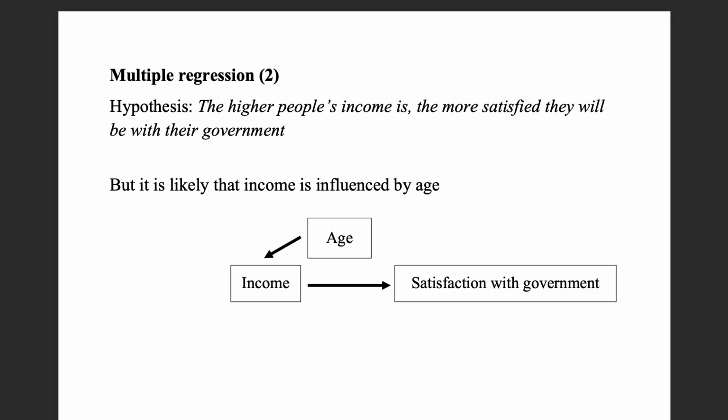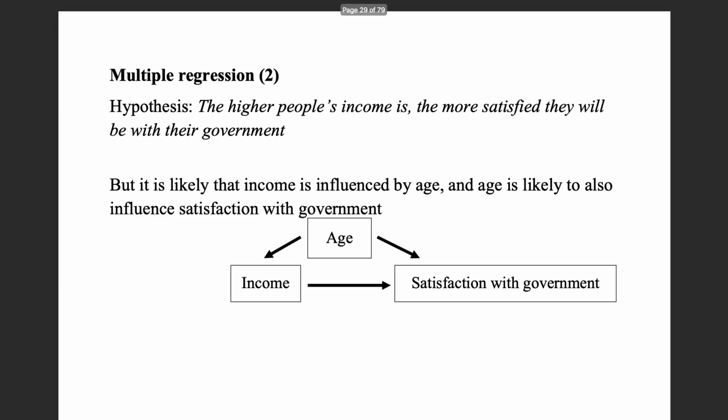So age has an effect on income, and we can draw a causal arrow running from age to income. It's also quite plausible to think that age might have an influence on satisfaction with government. You could think about all kinds of theories that say something about that. For instance, you might think that older generations are maybe a little bit better represented by the government.